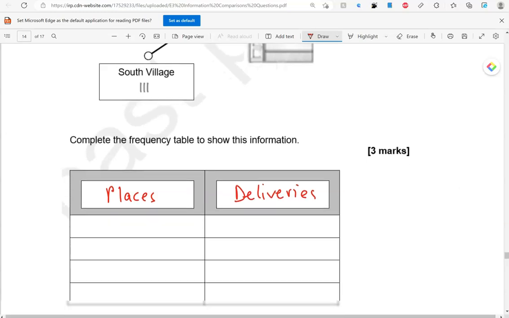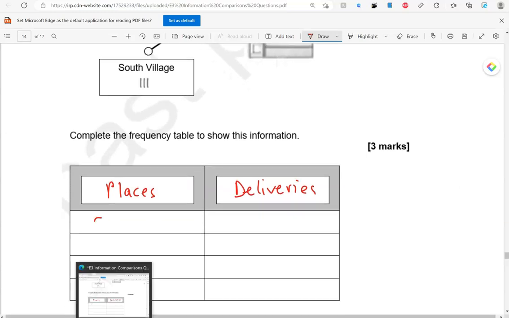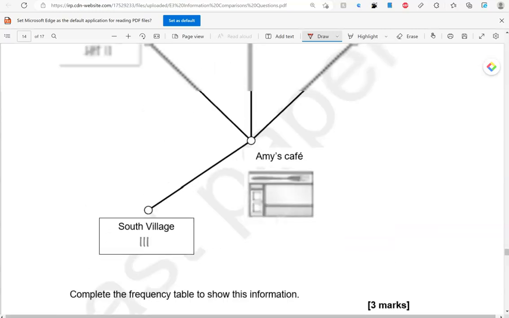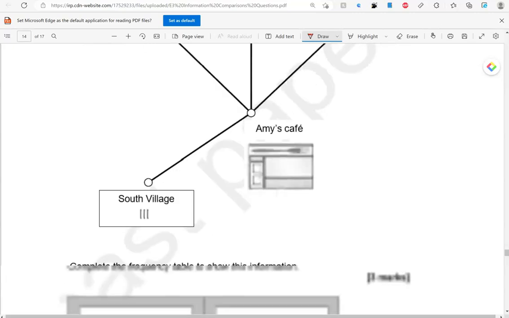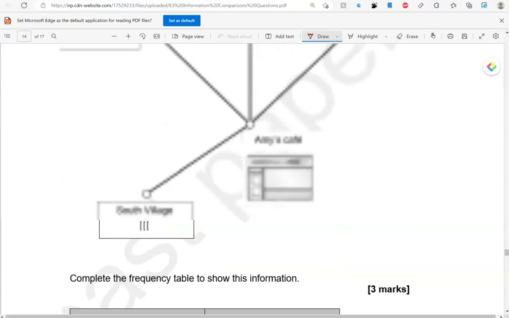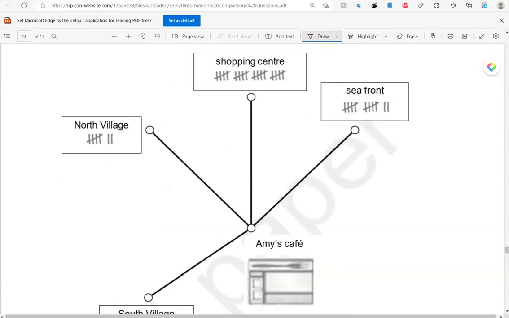The places we have are South Village, North Village, Shopping Centre and Seafront.